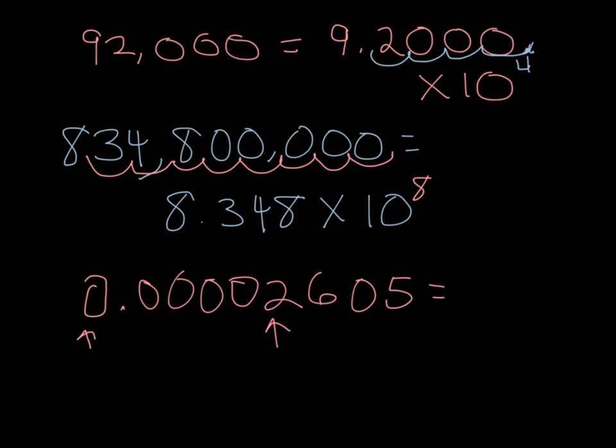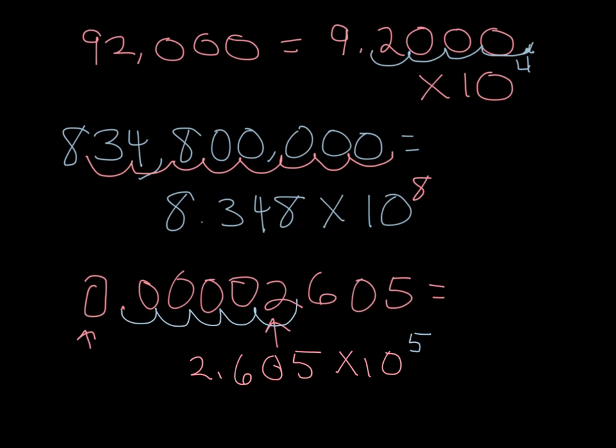So we'll rewrite it once again as 2.605, and we're going to count how many places we moved the decimal. In this case, we moved the decimal 1, 2, 3, 4, 5 places. So we're going to put a 5 up here.